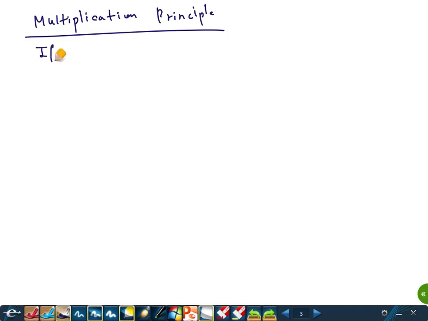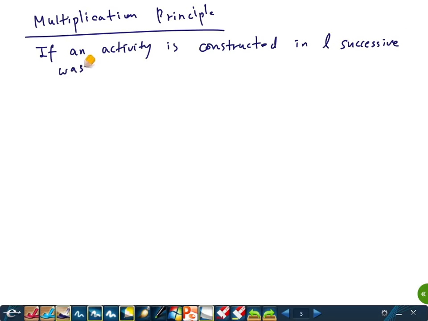So like the example that I showed you, an activity is constructed in L successive ways, in L steps.